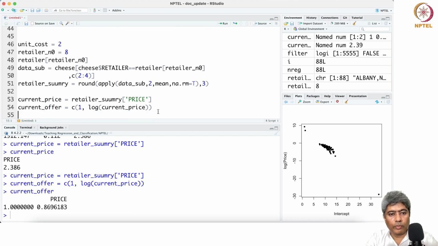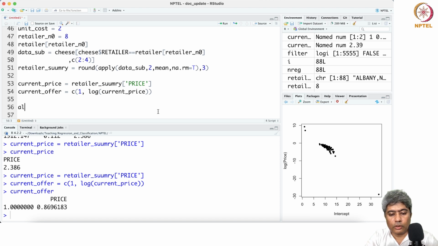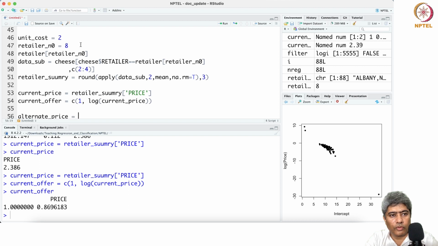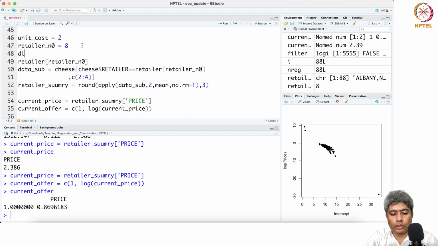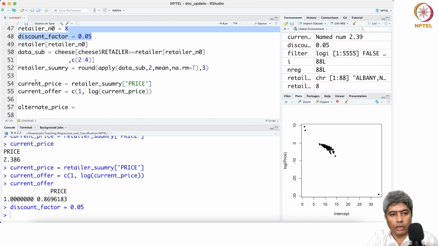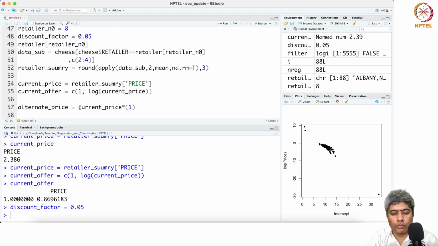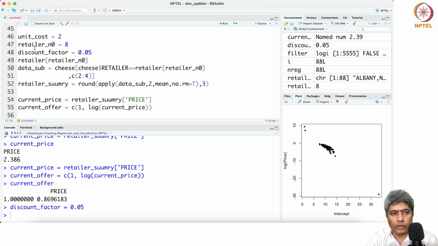Similarly, we have to make an alternate price which is, say, discount. We have to define a discount factor. So maybe 0.05, 5% discount I'm giving. So whatever the current price times 1 minus whatever the discount factor.